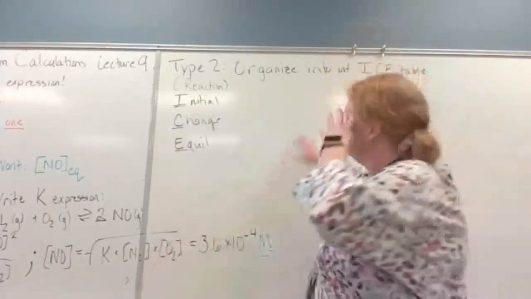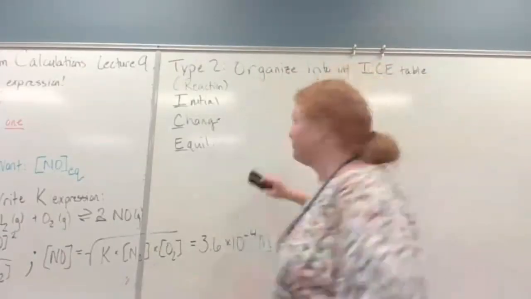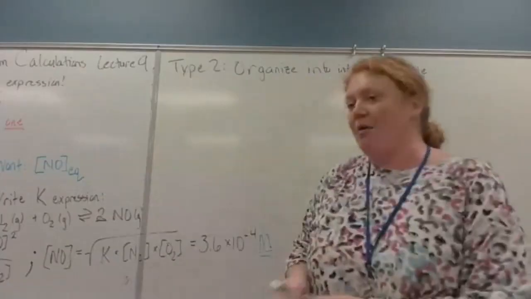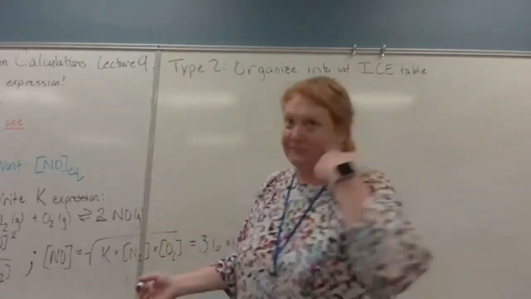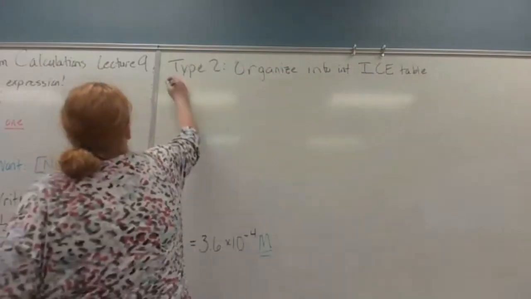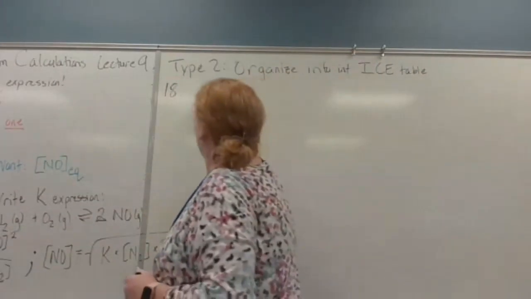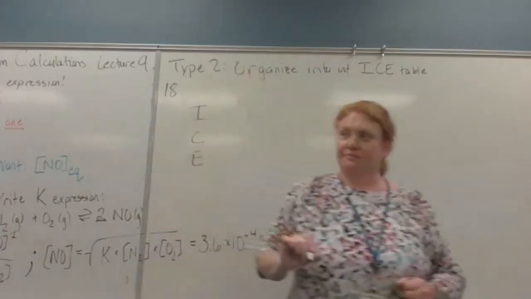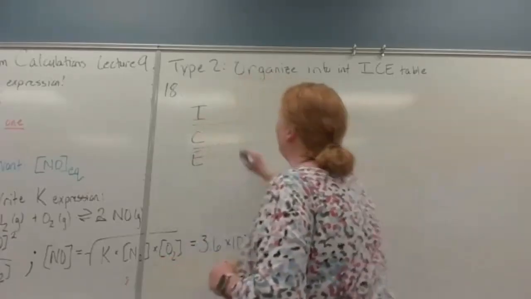If it's a type 2, what's the first thing you will write? I wrote it for you here, but what's the first thing you guys are going to write? Yeah, you're going to create an ICE table. This is a table.